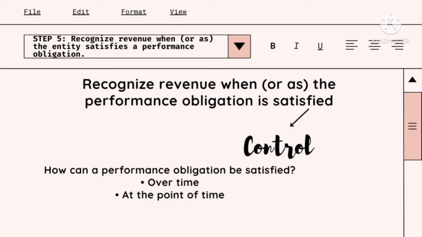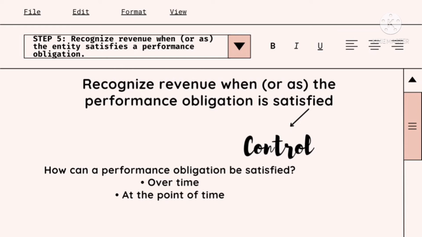It could be over time. In this case, the revenue is recognized over time, and this means that you would need to recognize revenue gradually over the contract period and not as a single amount when the contract is completed. For example, some real estate development projects or construction contracts are usually on an over time basis.